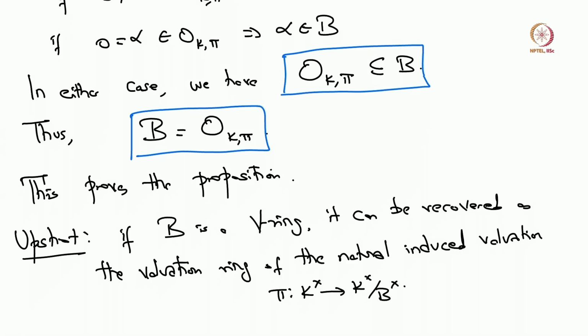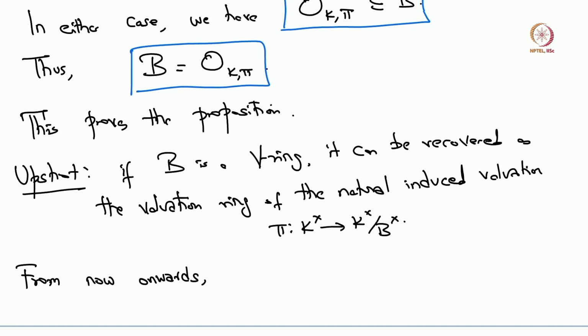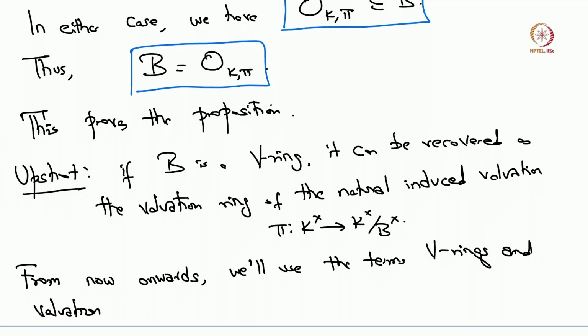So in this sense, a V ring is also a valuation ring, and in the last class we showed that a valuation ring is a V ring. So from now onwards, we'll use these two terminologies interchangeably. So we'll use the terms V rings and valuation rings interchangeably. Thank you.